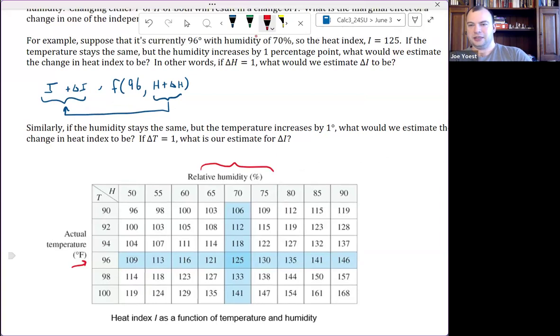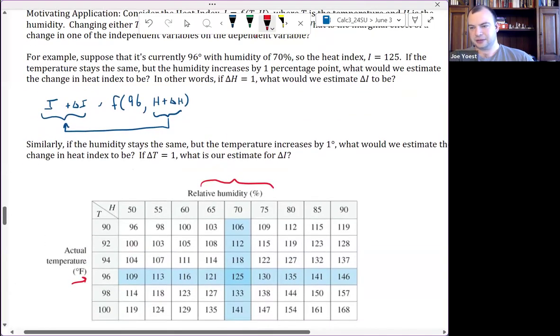I see, for instance, that f of 96 comma 65 is 121, and f of 96 comma 75 is 130. I'm moving along the humidity direction, but staying fixed in the temperature side of things.